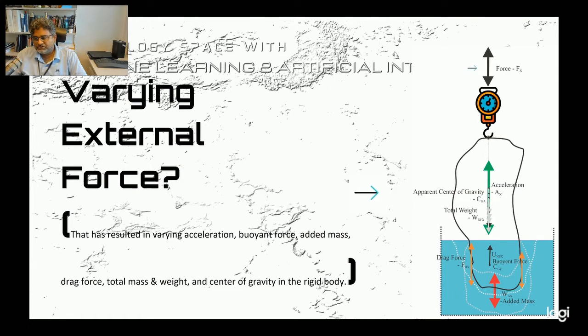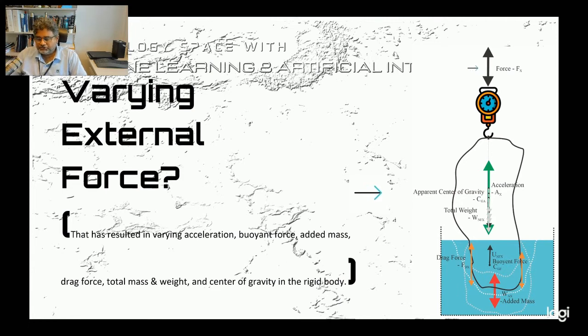The buoyant force UNFX will always work against the weight of the rigid body, so it has the same upward direction. But the drag force Fdx and the added mass Wax will always work against the acceleration direction.